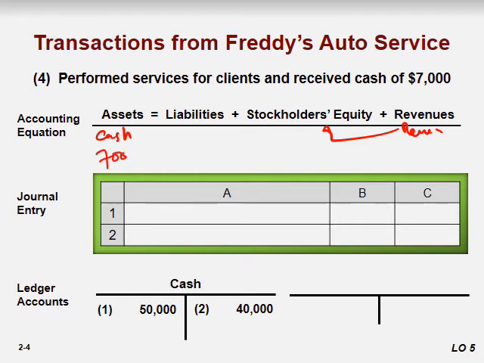So we receive cash, and there is going to be 7,000 revenue because we received cash. And what is the generalized entry? It's cash to revenue, sales, right? 7,000.